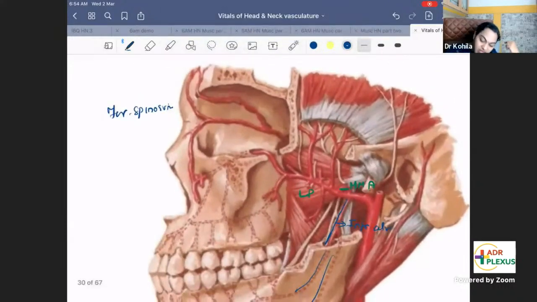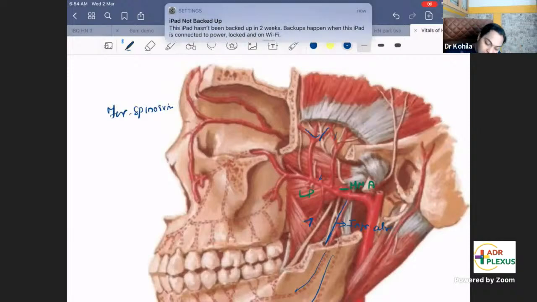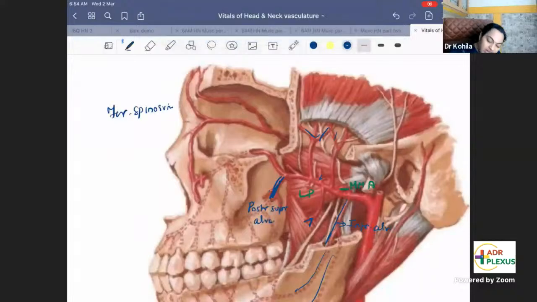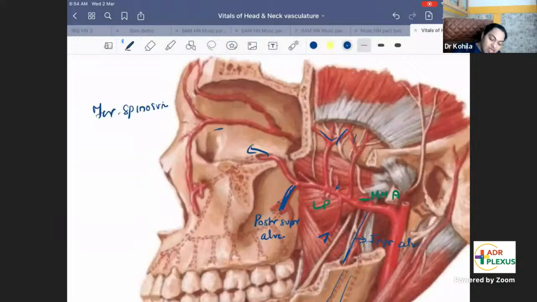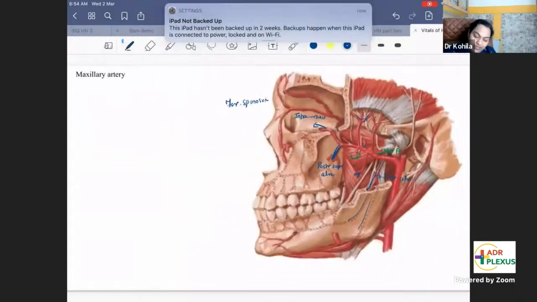These are the branches to the medial pterygoid. This will be branches to the temporal. This one here is important: this is the posterior superior alveolar. This is the infraorbital. So these are the things you can identify in this picture.